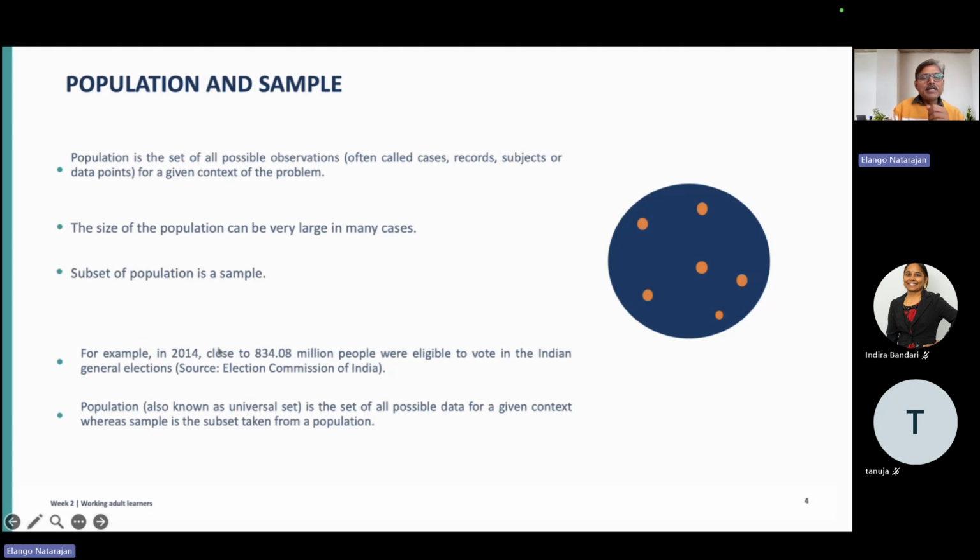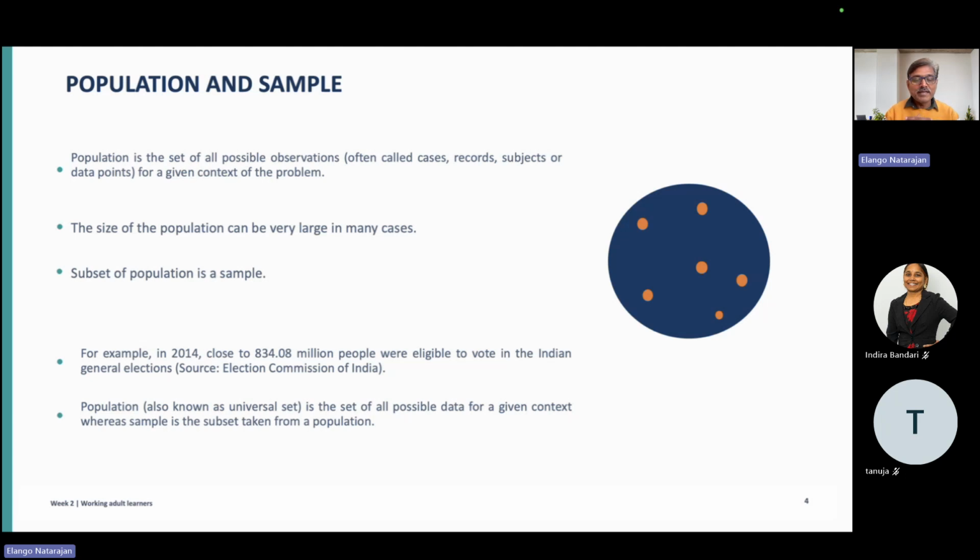For example, look at the example over here: in 2014, about 834 million people were eligible to vote in the Indian general elections. When you want to do the analysis with 834 million, it will be very costly, the time will be very high, and you need more computation technology, hardware or software, whatever it is, to handle this kind of large data.